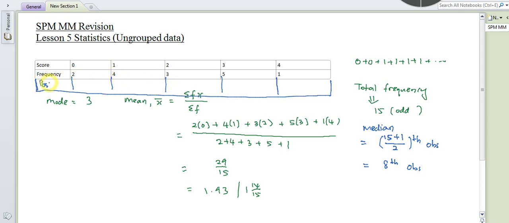The first and second data are over here. When we go to the second column, you have to be more careful. This is number 3, and we have 4 times of 1. You cannot take 3 plus 4 equal to 7. No, this is not correct.